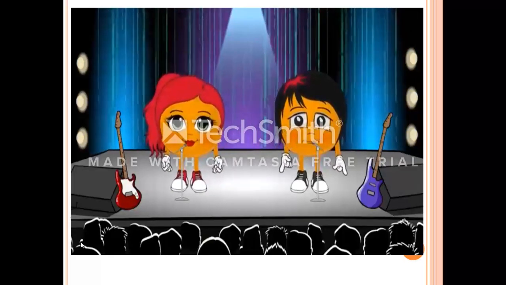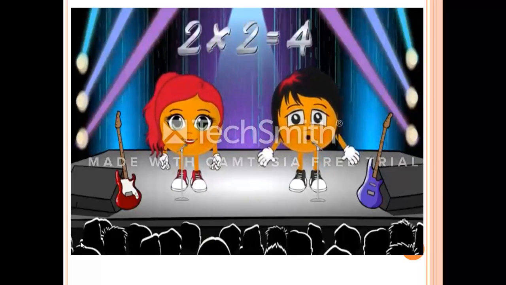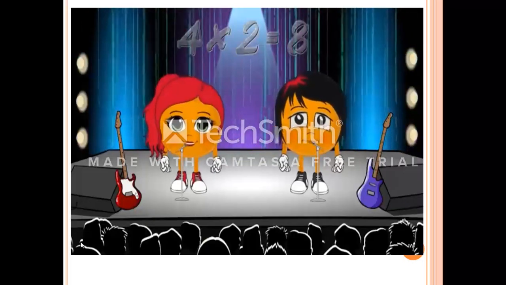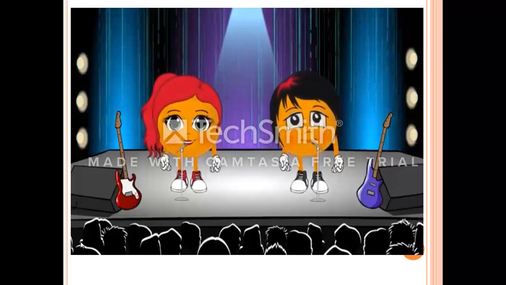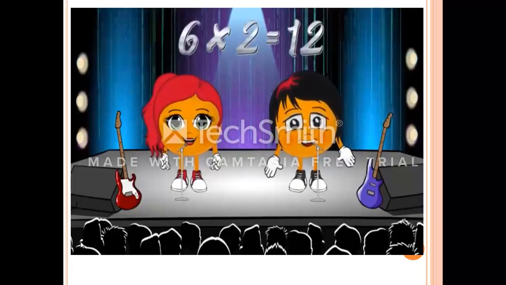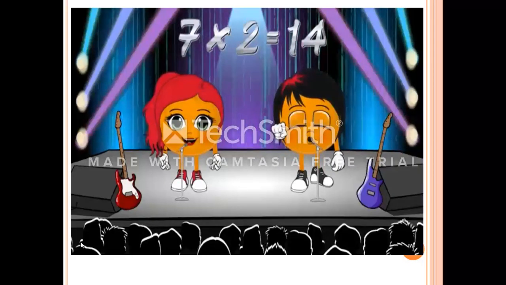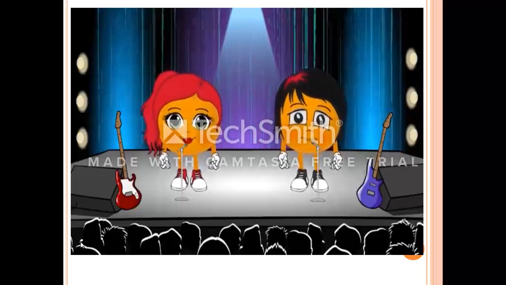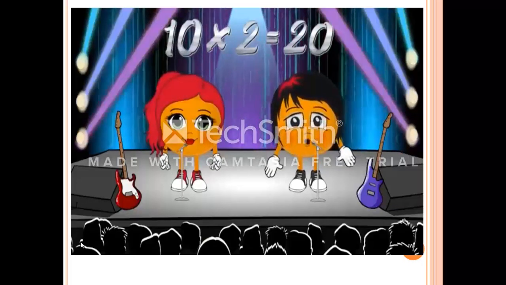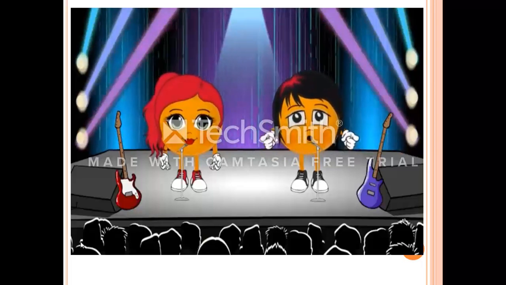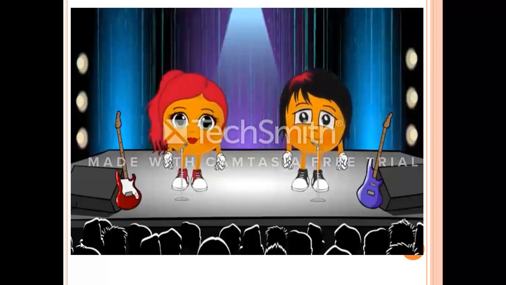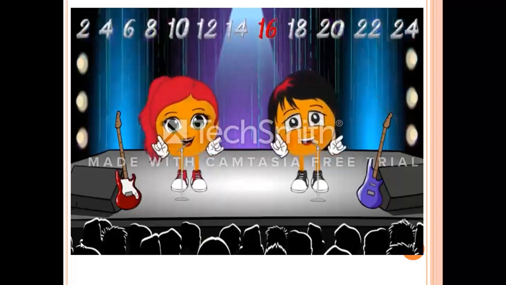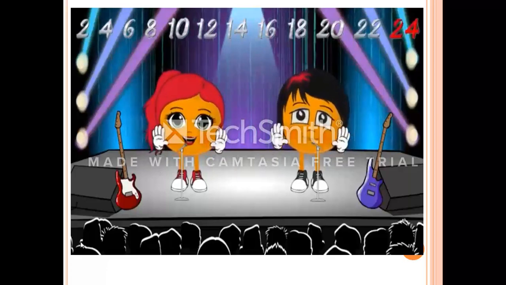Let's fill those 2's. 1 2 is 2, and 2 2's are 4, and 3 2's are 6, and 4 2's are 8. 5 2's are 10, and 6 2's are 12, and 7 2's are 14, 8 2's are 16. 2's are 18, and 10 2's are 20, 11 2's are 22, 12 2's are 24. 2 4 6 8 10 and 12, 14 and 16, 18 20 22 and 24.